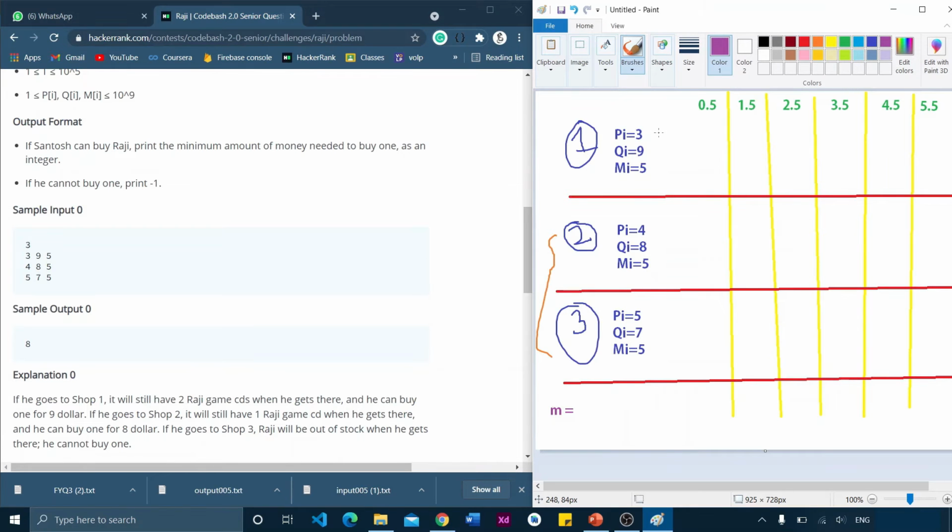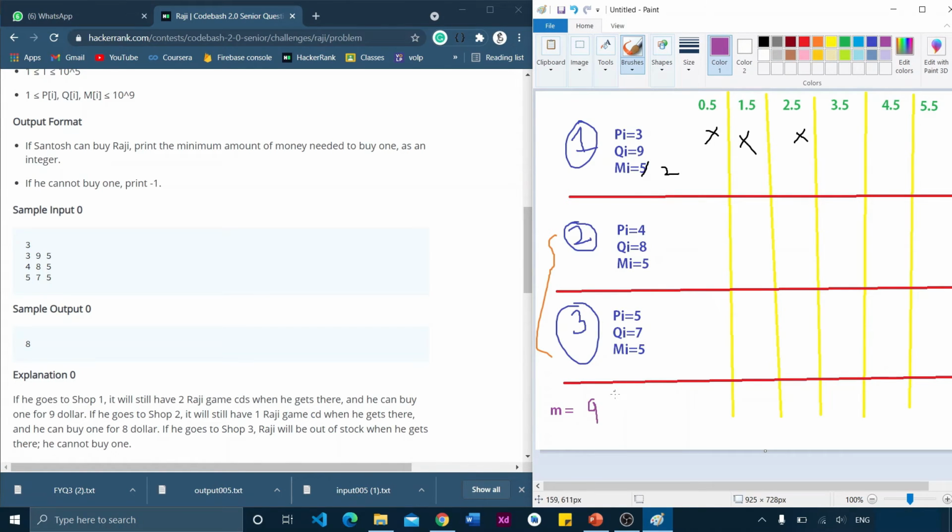It is 3 minutes away from Santosh, that is, he will reach the shop after 2.5 minutes. Thus, 3 consoles of this shop have been sold when he reaches, and the shop is left with 2 units. So yes, he can buy the game from this shop at a price of 9 rupees. So for now, the minimum price at which he can buy the game is 9 rupees.